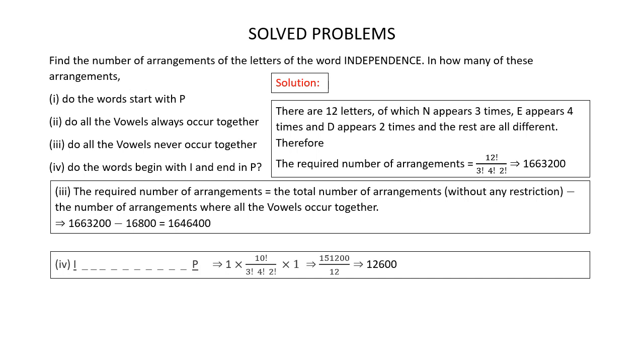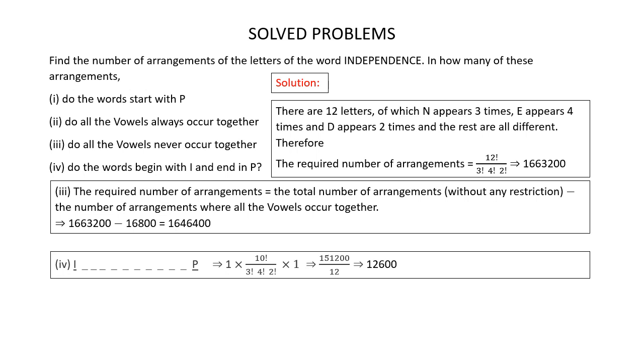Now you know that and means multiplication. Now I can be arranged in the first position in one way. P can be arranged in the last position in one way. Now let's find out in how many ways the 10 letters can be arranged in the 10 positions.